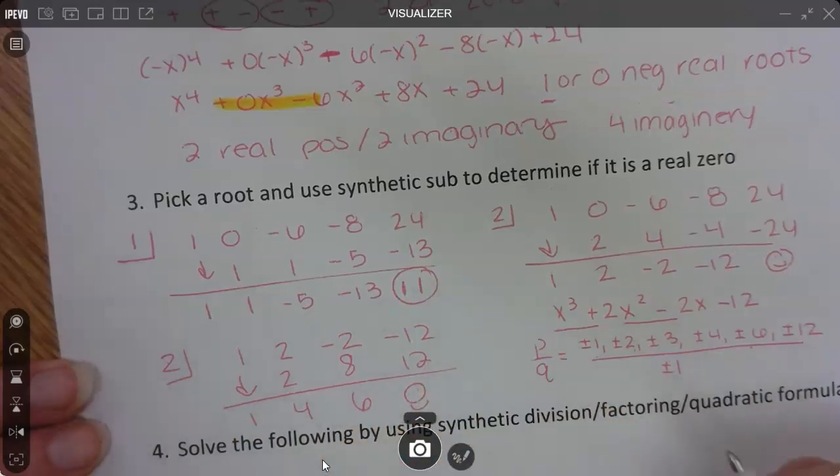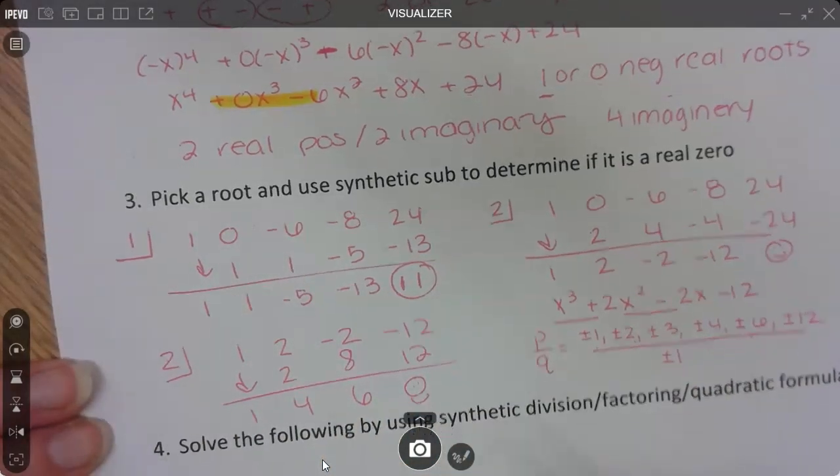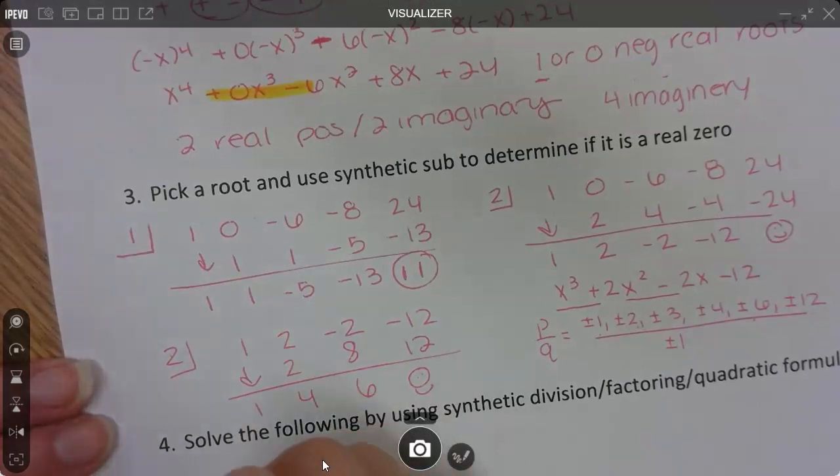And we see that 2 works again, so we're super happy. So that means that x minus 2, x minus 2, x squared plus 4x plus 6 is my next factored form.